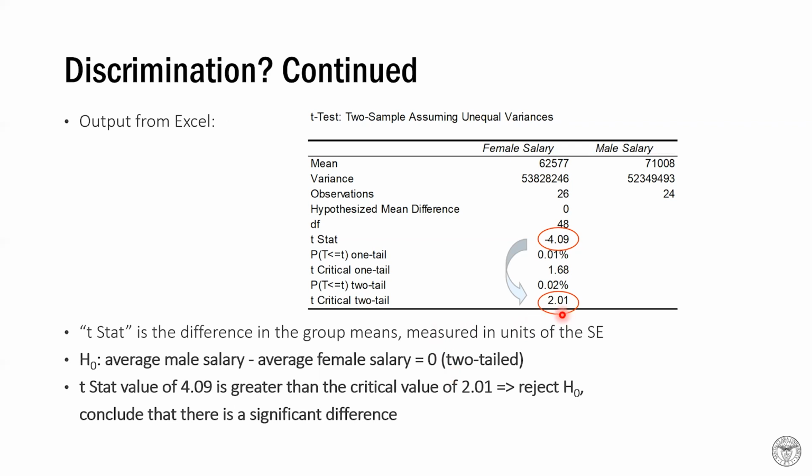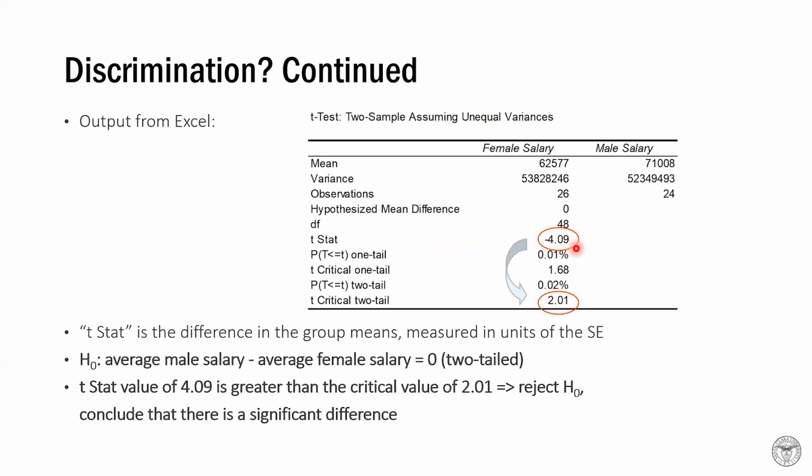Considering this is a two-tailed test, the other critical value is negative 2.01. The t-stat is negative 4.09. Because the t-stat value of negative 4.09 is smaller than the critical value of negative 2.01, we reject the null hypothesis H sub 0.